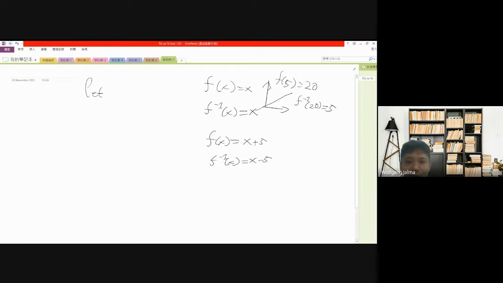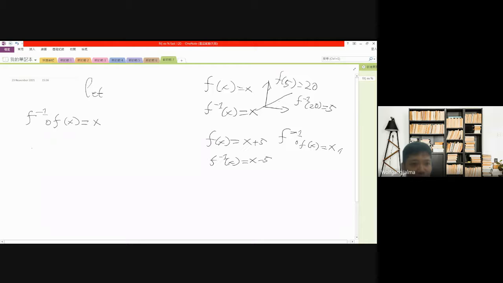So if we do composition of f inverse with f, what we get is x, returning to the original x. Now we want to differentiate this, just like we do derivative on composition.